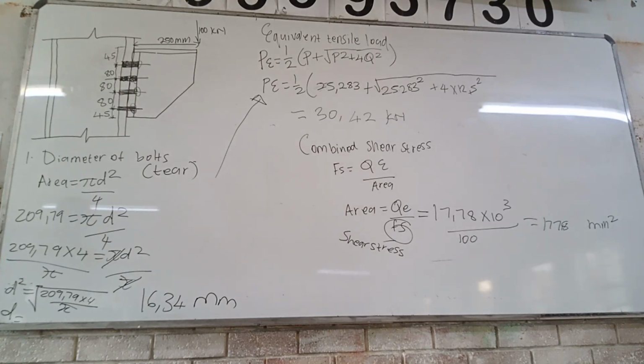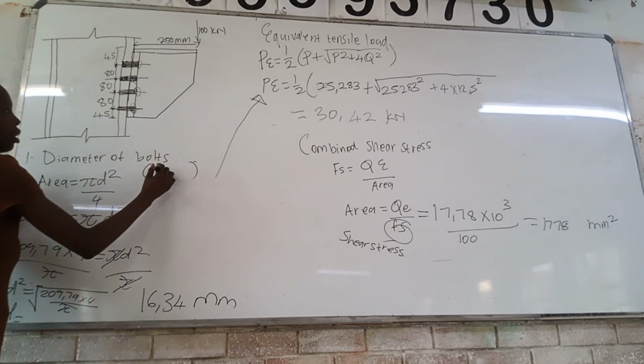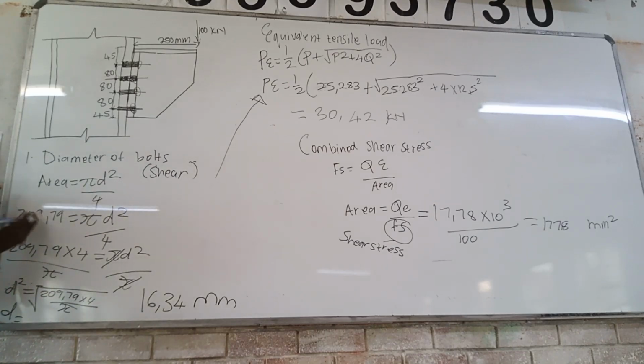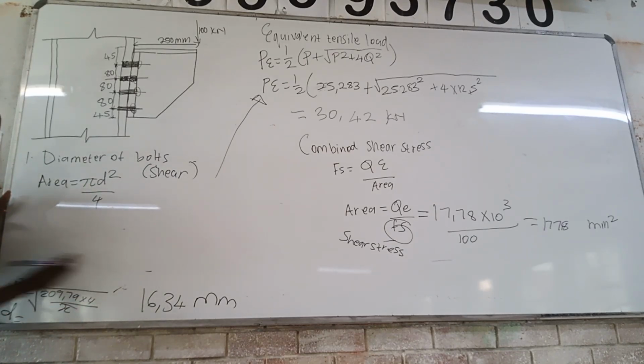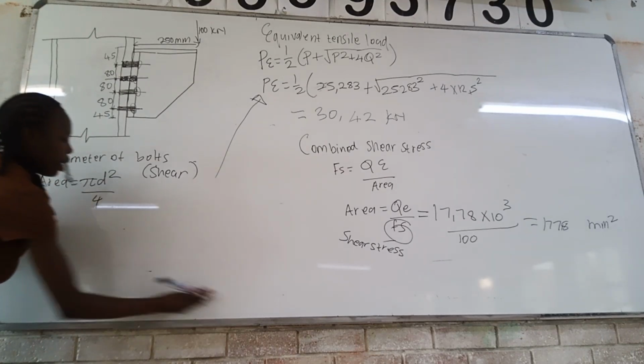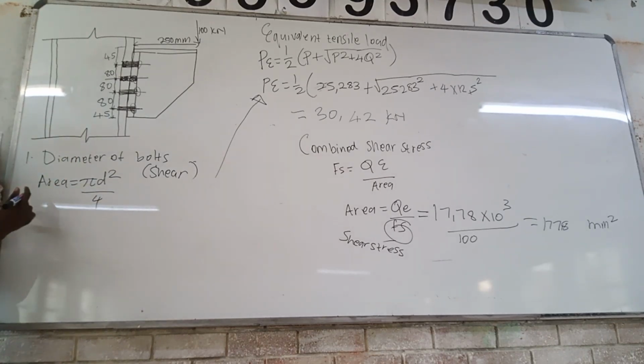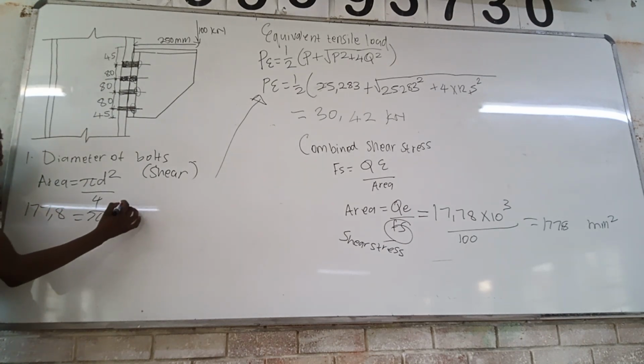Now we need to calculate the diameter of the bolts for shear. The same formula applies. What is the area for shearing? 177.8 is equal to pi d squared over 4.